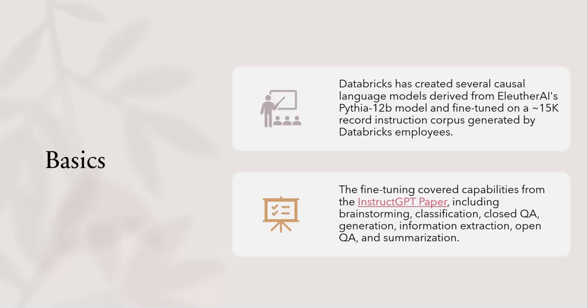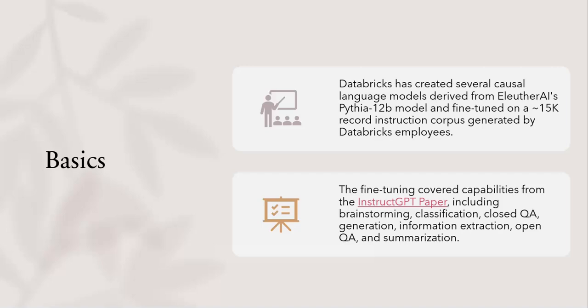Okay. So firstly, this is a language model, like the similar language models that exist in the market. It was introduced by Databricks employees. Basically, it was derived from a base model, so it is a little bit extracted from that.